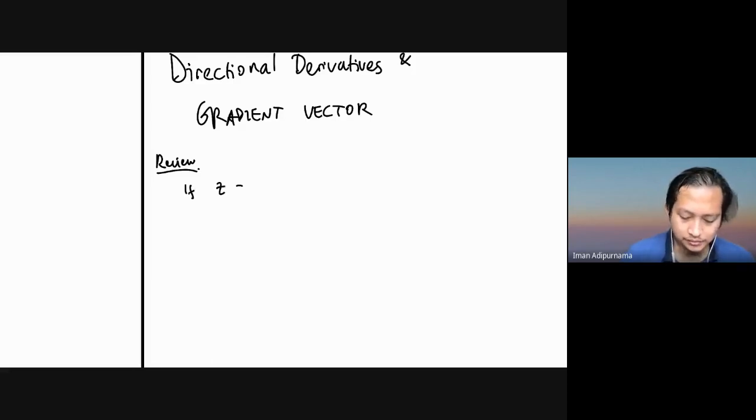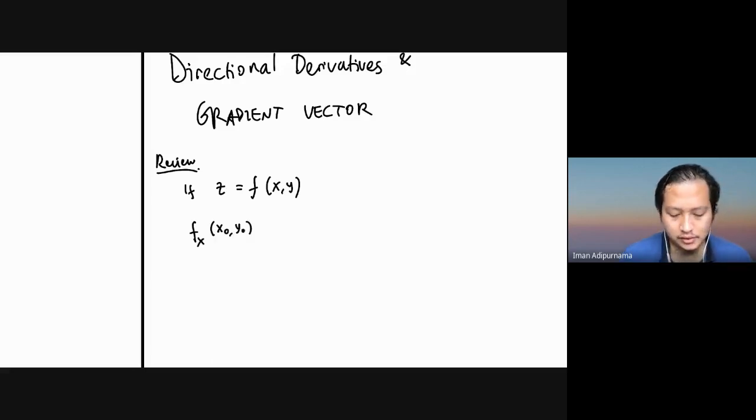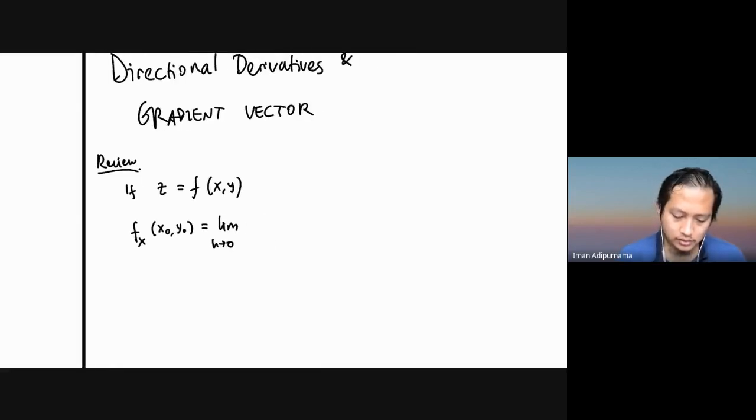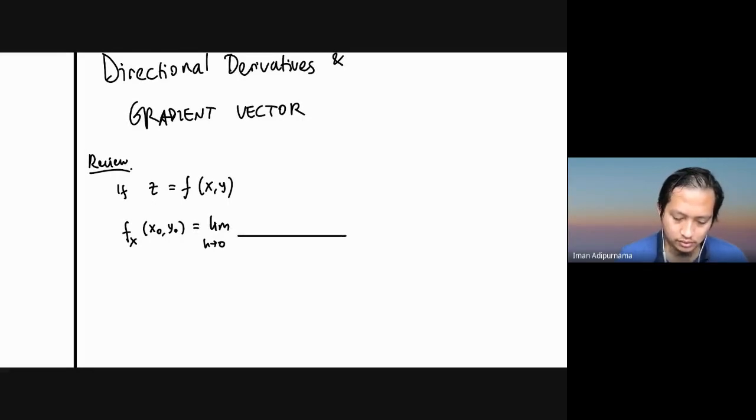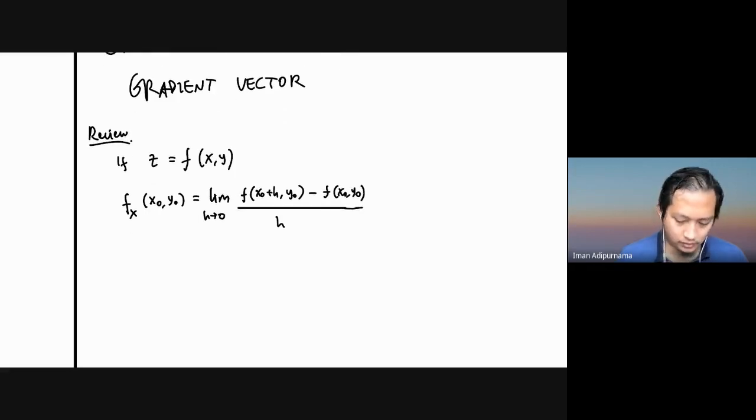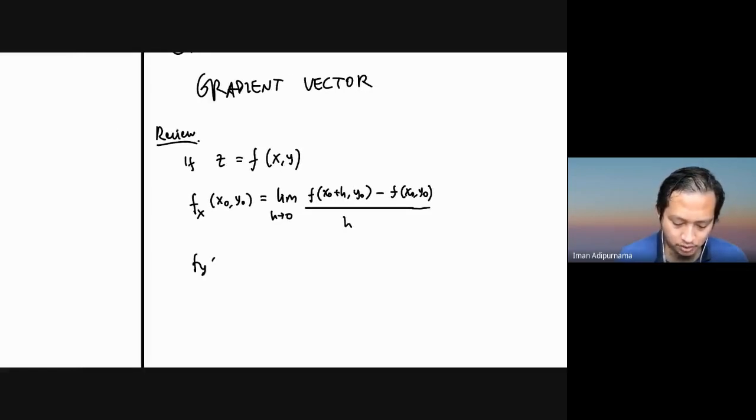If z is a function of x and y, and the partial at some point is defined as, and the partial y, we can also have a similar definition.